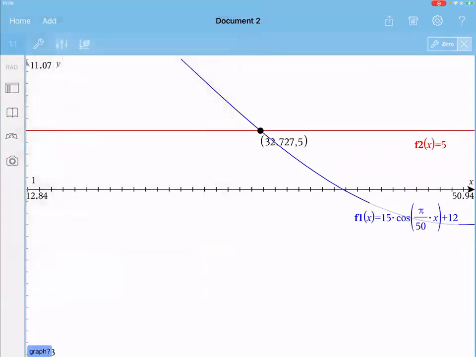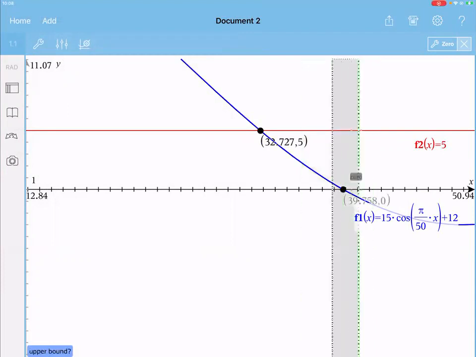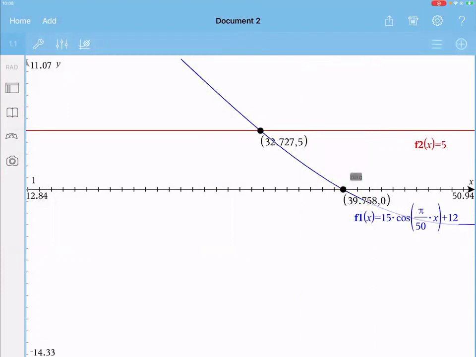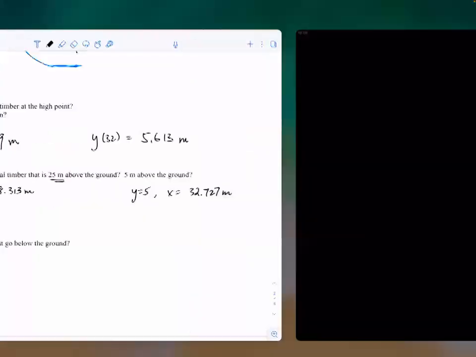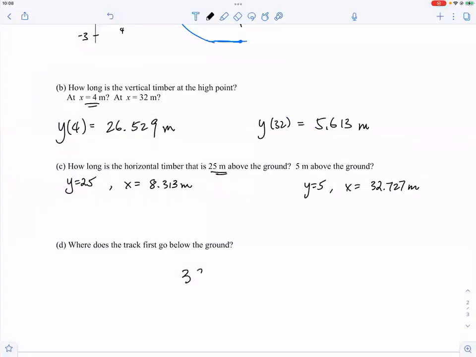On your N-Spire calculator, you can find the x-intercept very easily. Just go to Analyze Graph, choose Zero, highlight the region, and it pops right out in front of you. So 39.758 meters would be the distance.